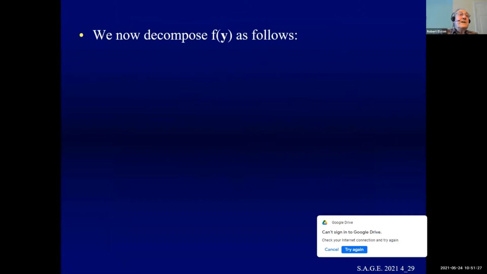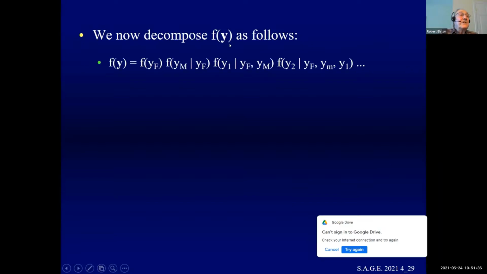So now we decompose this. This is the density of a vector of Y. We decompose it. First of all, we have that it's equal to the probability density of father, mother given the father, first child given the father and the mother, second child given the father and mother and the first child, and so on.